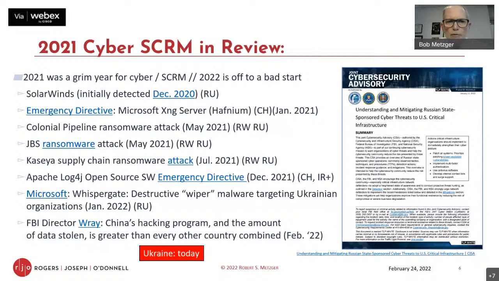SolarWinds was something even probably the best experts didn't think was quite possible, and it demonstrated the very most sophisticated capabilities of a persistent, agile, and smart adversary, Russia. It also is the principal driver for the executive order 14028 that the president issued in May of this year. We won't spend too much time on that, though.